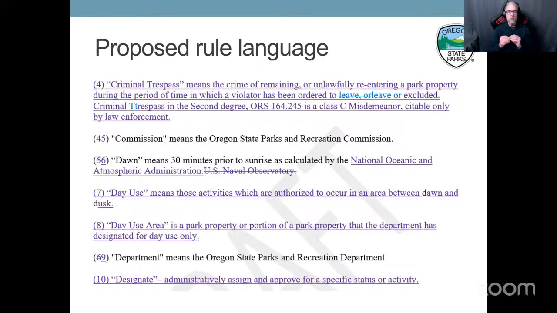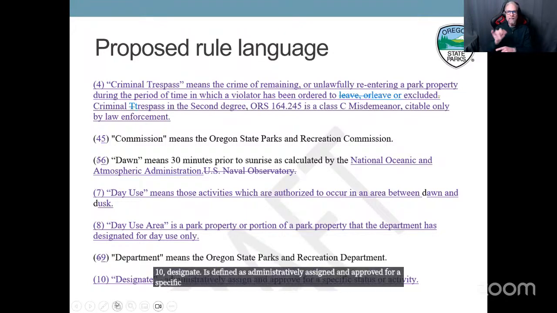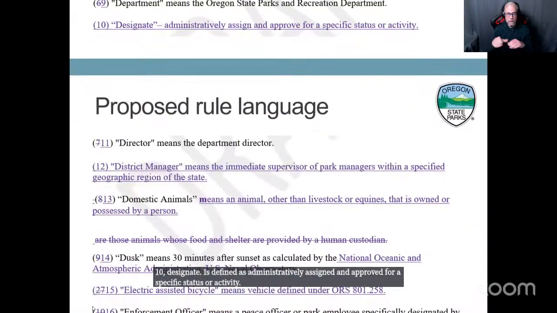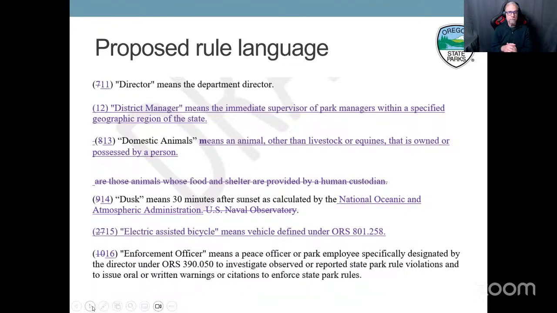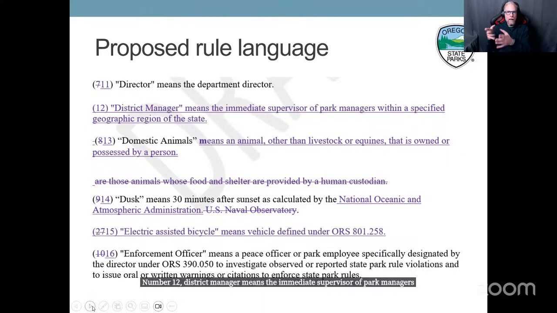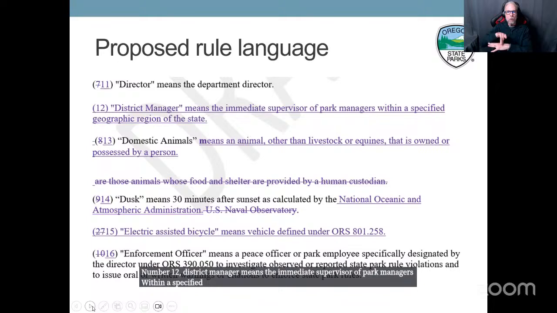10, designate is defined as administratively assign and approve for a specific status or activity. Number 12, district manager means the immediate supervisor of park managers within a specified geographic region of the state.